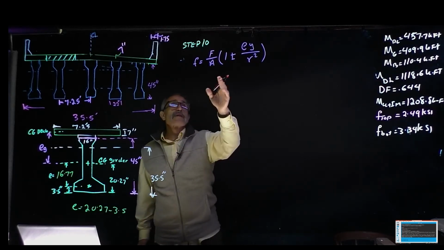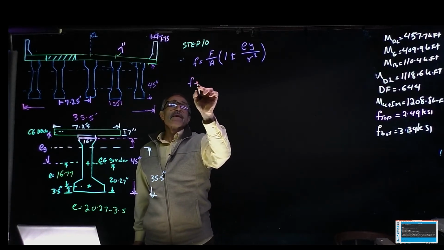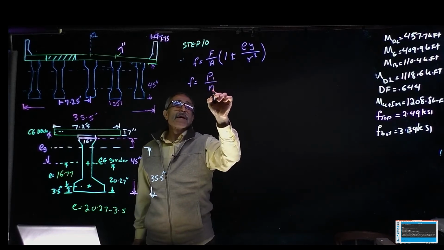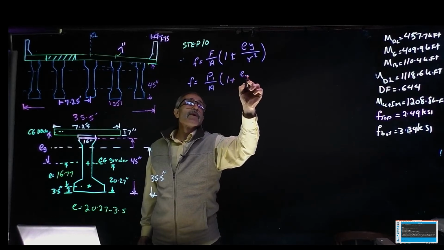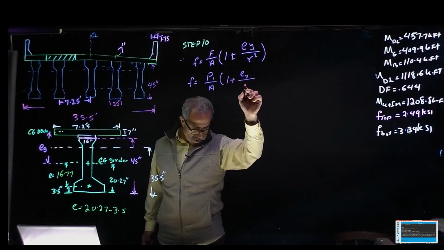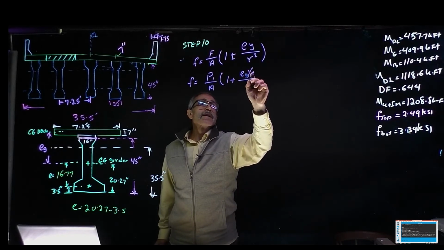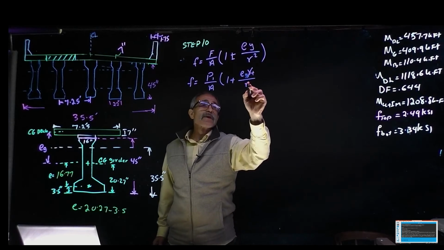So let's just write this out. I'm going to say F is equal to P1 divided by A times 1 plus EY divided by, that's YT, Y top, divided by R squared.